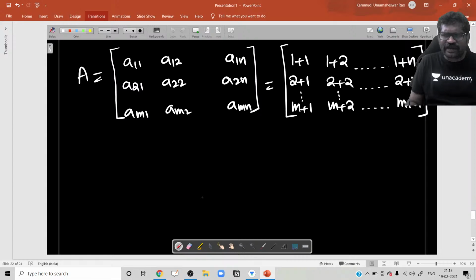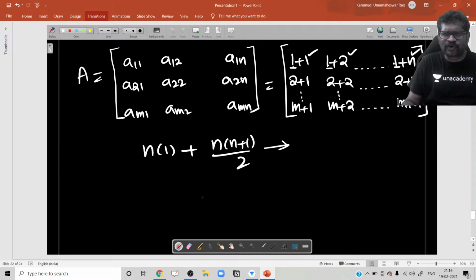If you add all first entries like this, 1, 1, 1, how many times? n times. So, n number of ones plus 1 plus 2 plus 3 plus n, n into n plus 1 by 2. That is the first row. What about the second row?